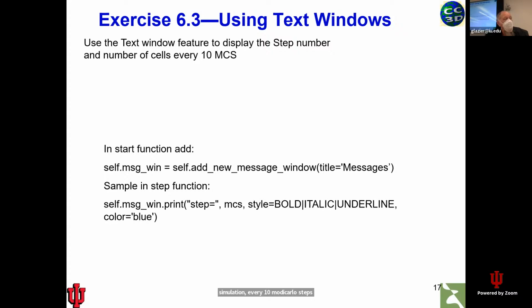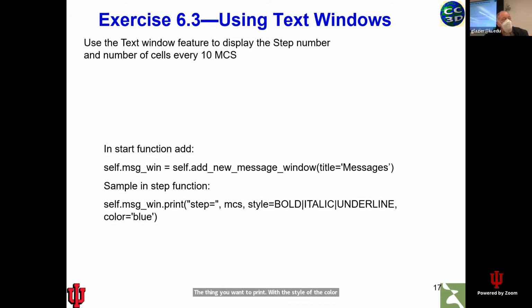Okay? And remember that in the start function, you have to create the message window. And in the step function, then you have to create a line that does a print to that same message window. The thing you want to print with a style and a color.